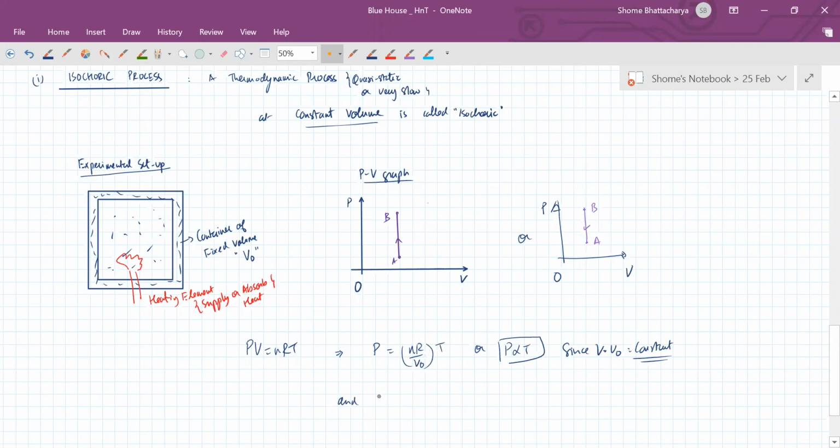And work done, which is the integration of P dV, is zero because volume is constant. That is, the area under the PV graph is equal to zero because it's a vertical line, as you can see.